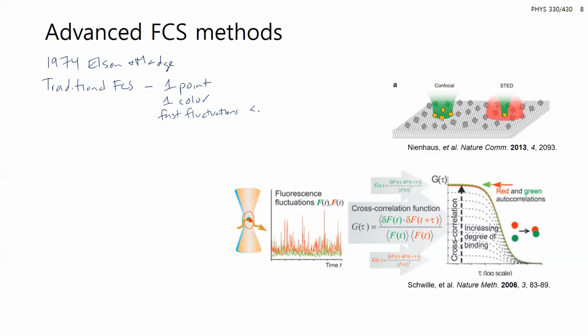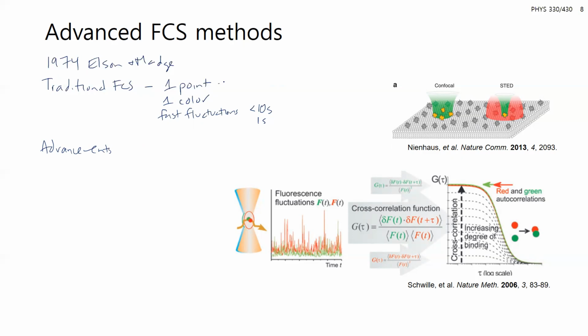If you're trying to monitor anything that's slower than, let's say, 10 seconds or so, or single seconds, you'll run into some issues of not having enough intensity fluctuations to produce a correlation curve in your data. So since 1974, people have come up with lots of variations on FCS to try to overcome some of its limitations.